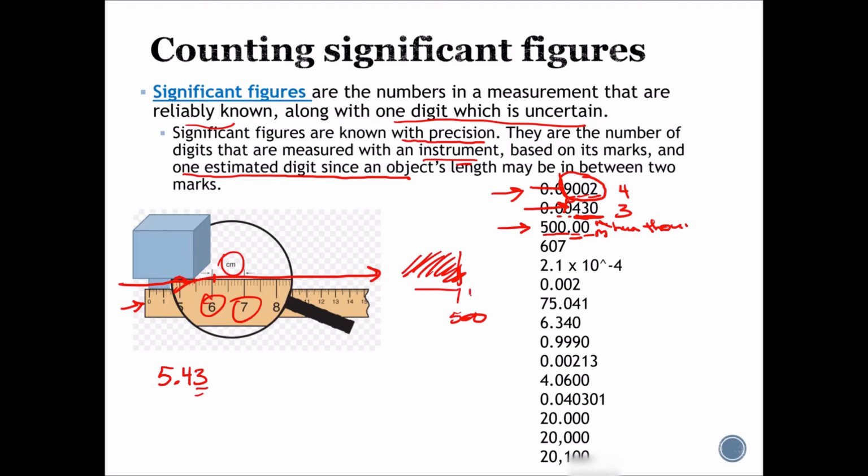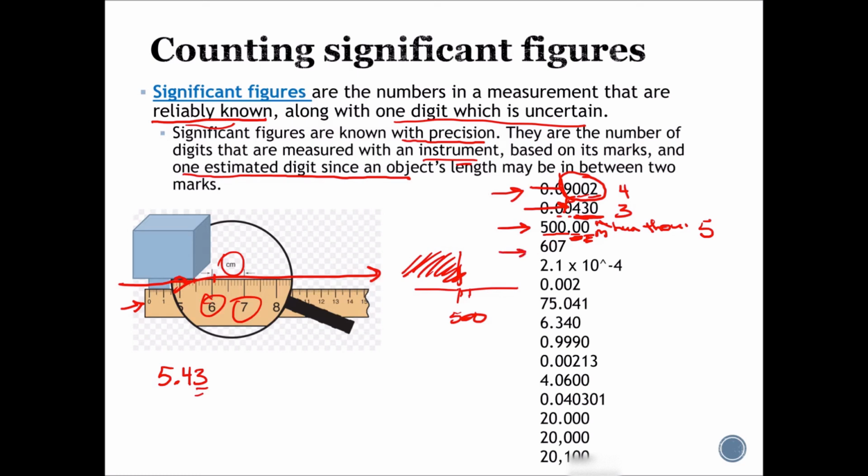It will not go to 501 centimeters. It will not go to 500 meters and even 1 millimeter. No, it's going to be exactly 500.00 meters. That means this value has 5 significant figures. Remember that significant figures are the numbers that are reliably known, along with one digit which is uncertain.